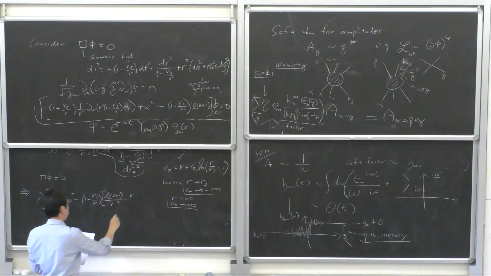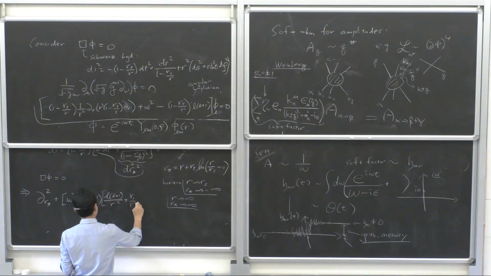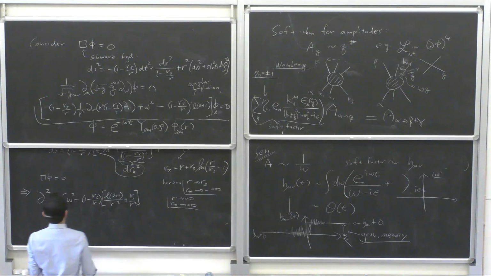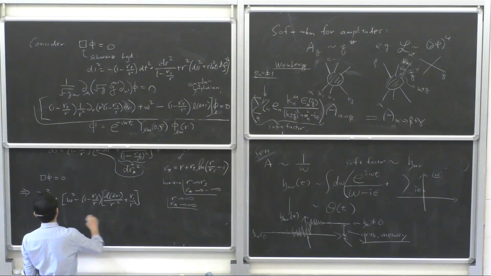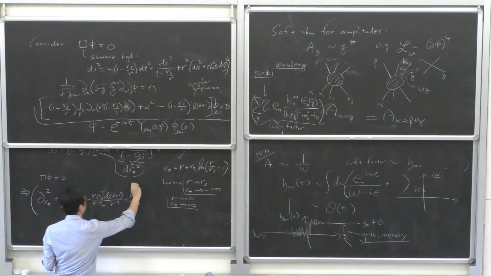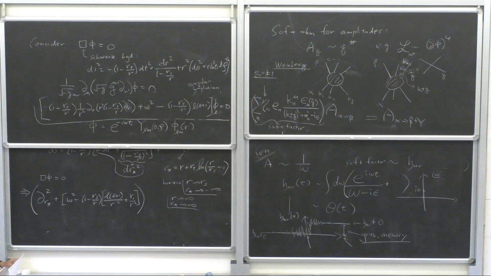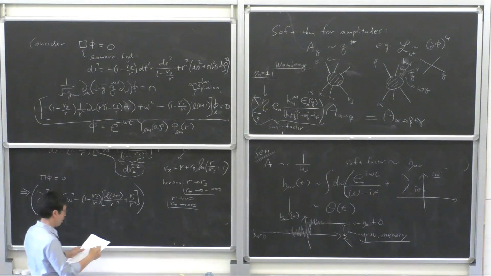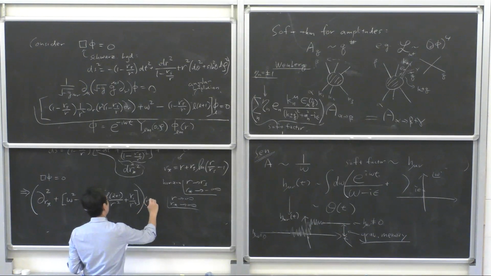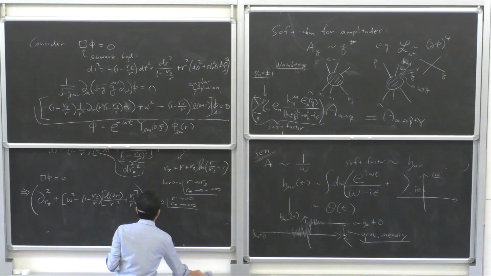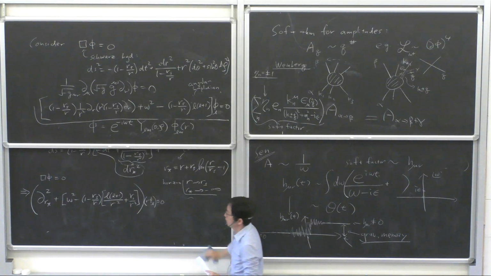Yes, plus Ls over r cubed. This whole thing acts on actually not phi, but r times phi, it turns out. r times phi L equals 0. Okay? This now becomes the equation.